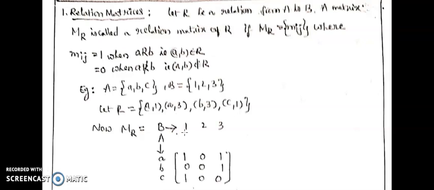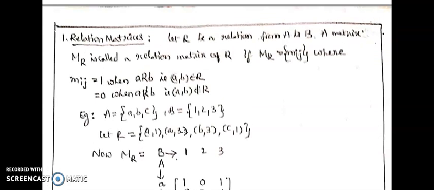Now let us define what a relation matrix is, and the rule to find a relation matrix, with a suitable example.